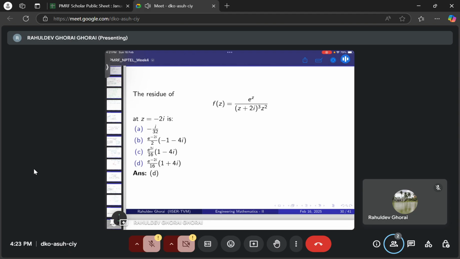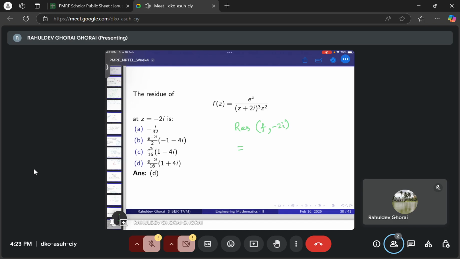At z equal to minus 2i, we multiply by z plus 2i to the power 3 times this. You will see that it is a non-zero finite number, so it is a pole of order 3. So the residue of f at minus 2i, which is a pole, will be given by the formula, since it is of order 3, right?